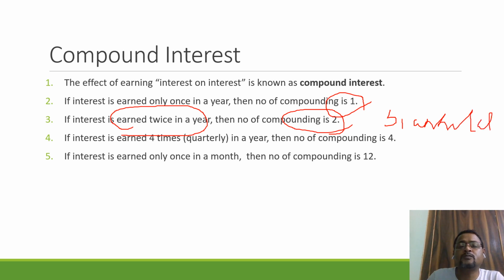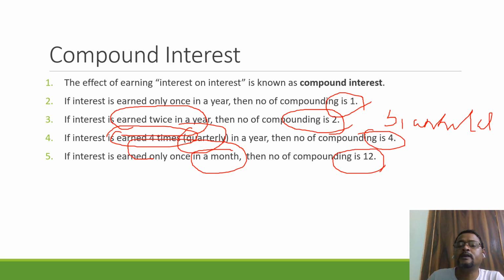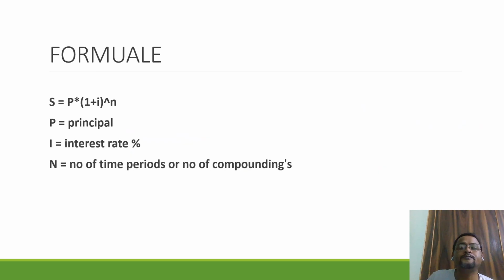If interest is earned 4 times a year, that is quarterly compounding, number of compounding would be 4. If interest is compounded monthly, number of compoundings will be 12. So this means with each increase in compounding, interest on interest will be greater. Let's see how that works.